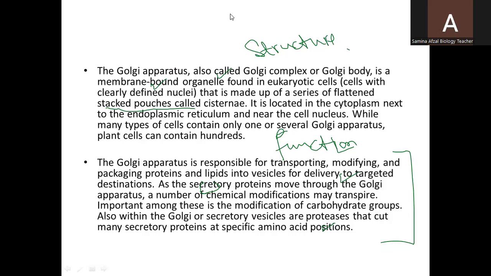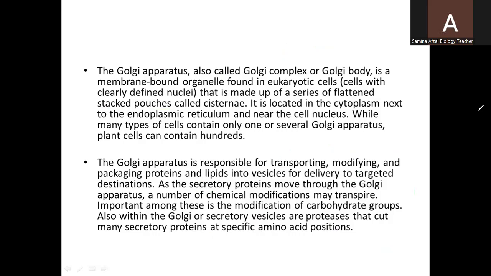And one more thing I would like to discuss about its structure, a little bit of information I would like to give you. This Golgi apparatus is formed from small pieces of rough endoplasmic reticulum.